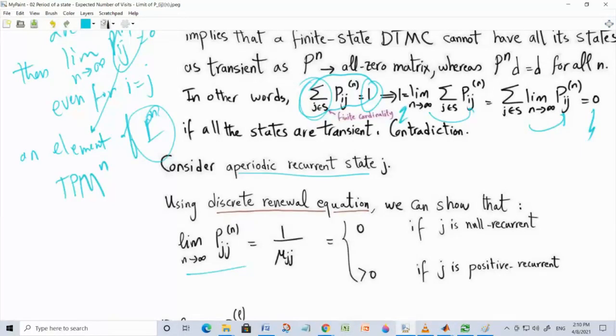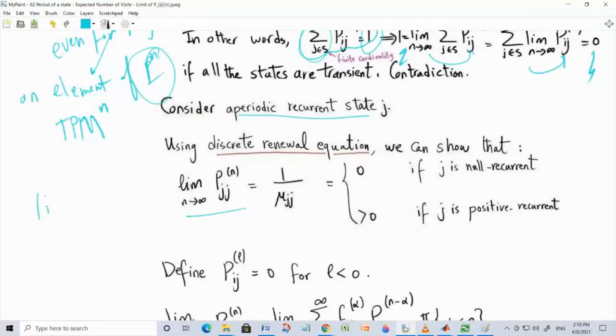So we will take it for granted that the limit as n goes to infinity of b_jj(n) is equal to 0 if we are talking about transient states. But now we are talking about recurrent states and specifically aperiodic recurrent states. And so this limit is equal to 1 over mu_jj, where mu_jj is the mean recurrence time.